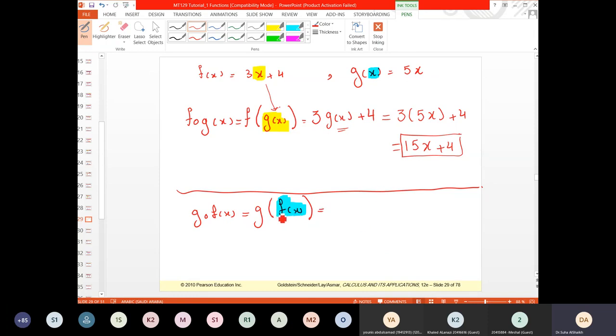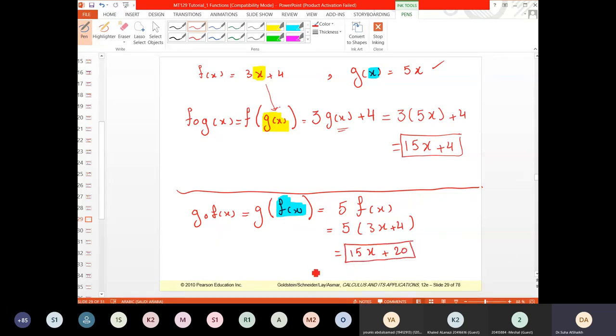So I go to g itself, I change the x with f, so it's going to be 5 times f of x. And what is f of x? I know f of x, it is 3x plus 4, so it is 5 times 3x plus 4, which equals 15x plus 20.